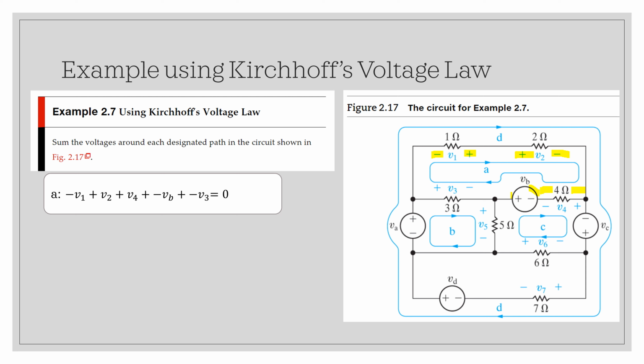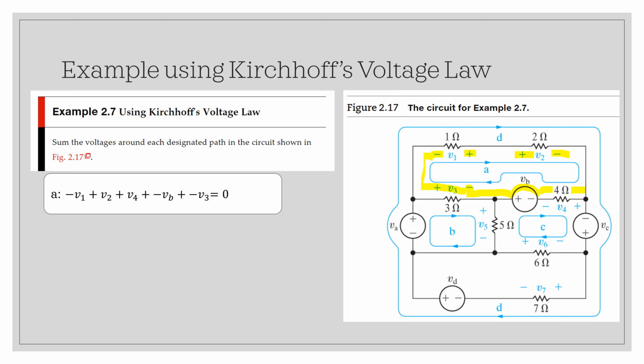We're entering at the minus terminal and exiting at the positive, so it's a minus V sub B. Then we move along to our next 3 ohm resistor, and we're entering at the negative terminal and exiting at the positive. So it is a minus V sub 3, and that is equal to 0.